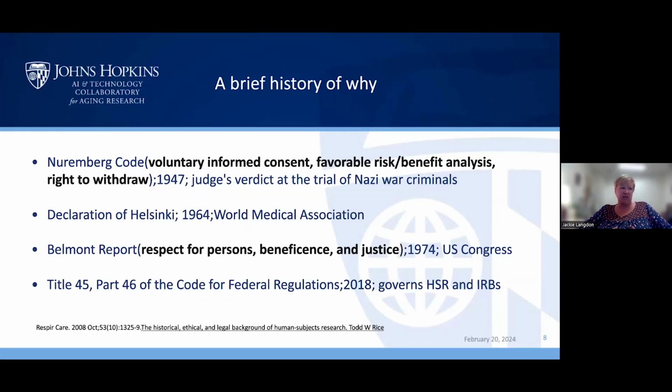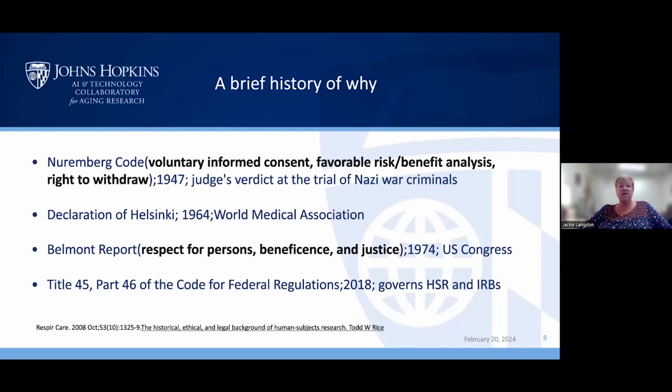They have stayed. In 1964, the World Medical Association, under the Declaration of Helsinki, built upon these principles and expanded them. Then the US Congress noticed that there were some practices in research that they did not think were legit, and they commissioned the Belmont Report, which came out in 1974, and it outlined the following requirements of human subject research: the principles of respect for persons, beneficence, and justice.